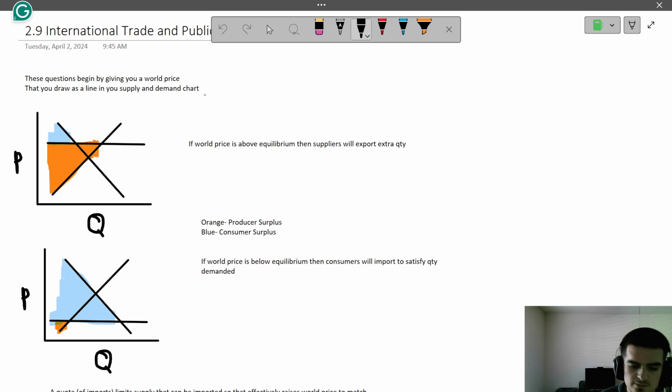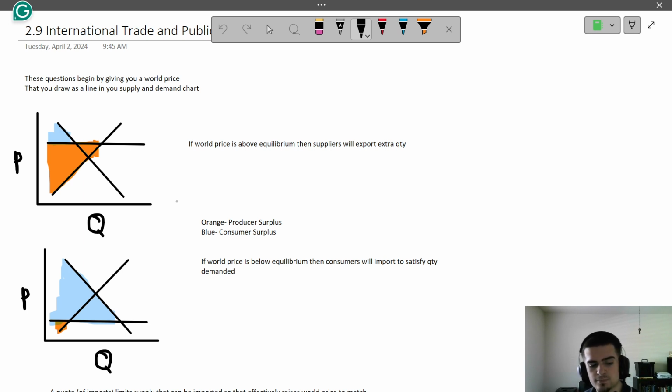Okay, the questions about international trade begin with giving you a world price. So this world price can be above or below your equilibrium. And this actually doesn't cause deadweight loss. So in unit 1, we talked about gains from trade. If two parties are willingly trading, then there's gains from trade.